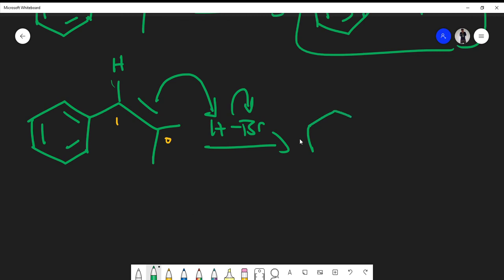So if that is a scenario that we have, continuing, then we form our carbocation. Here's our original hydrogen, but there's a hydrogen that we just added.